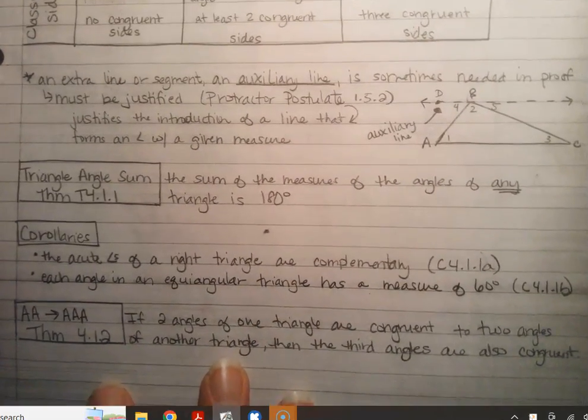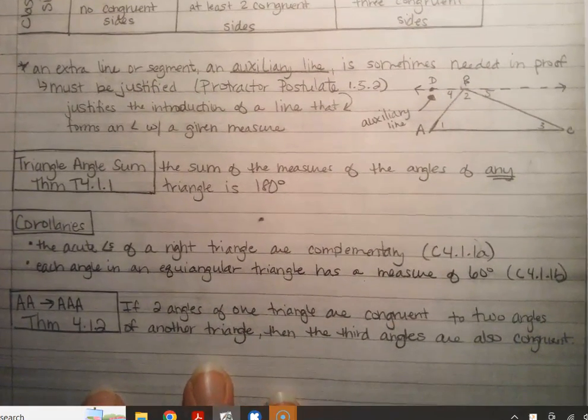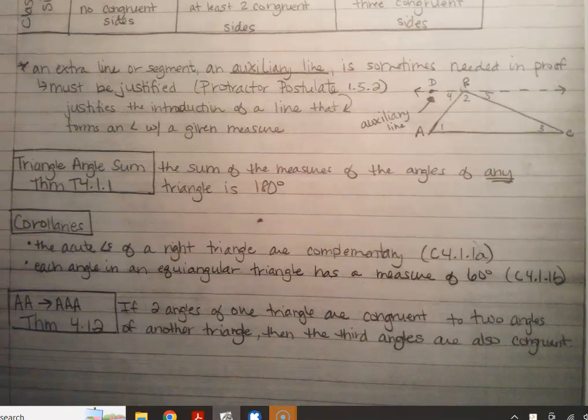Okay, so then next, we can have an extra line or segment on a drawing. It's called an auxiliary line. Right here, this dashed line through here is an auxiliary line. So it's an extra line or segment. It is sometimes needed in a proof.